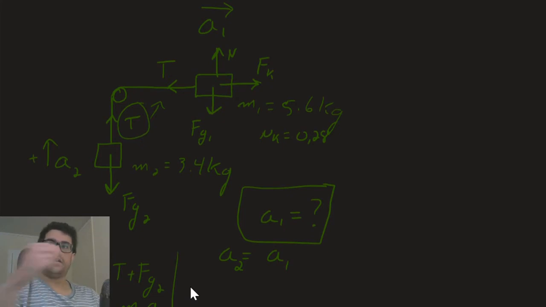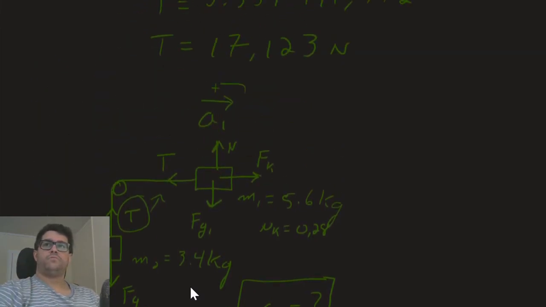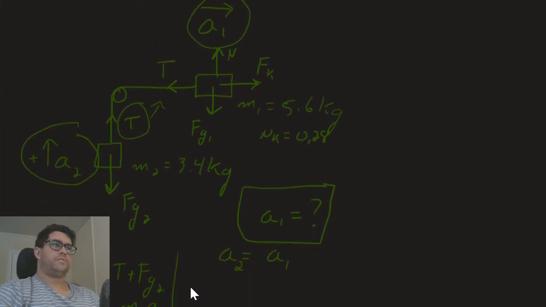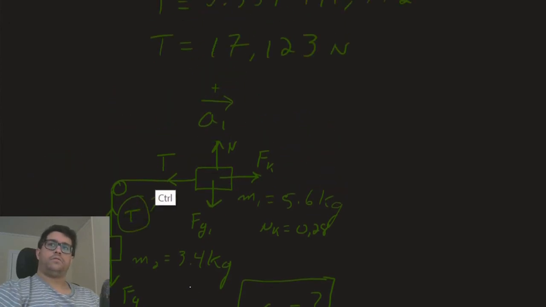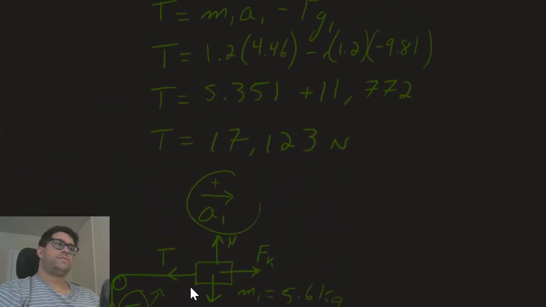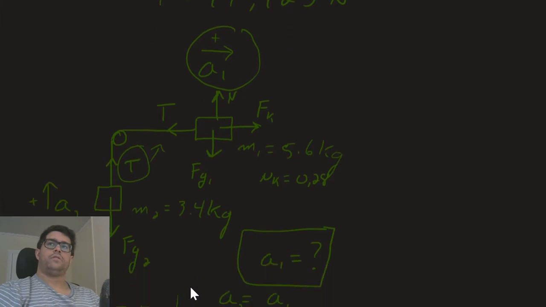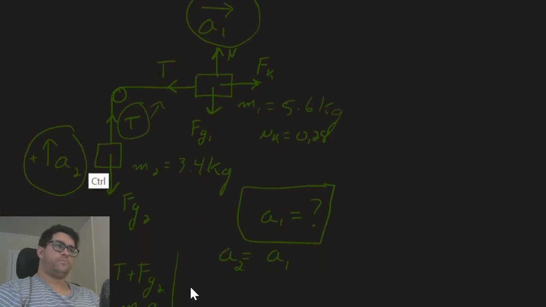So in this case, A2 will be equal to A1. There won't be any minus A1 or minus A2. It's literally, if this one is positive, then this one is positive. And if this one is negative, then this one is negative.